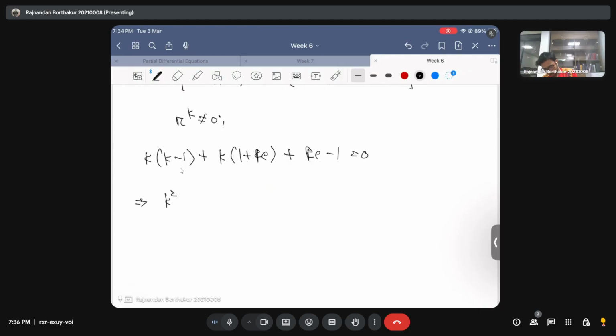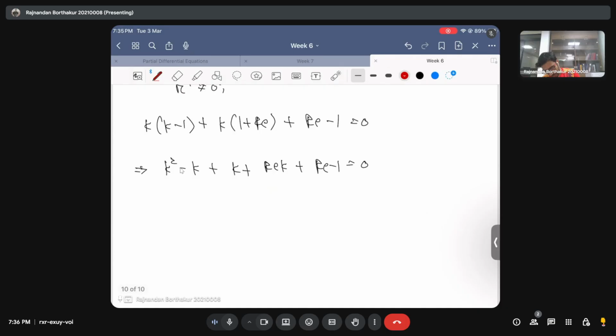Because this is k square minus k plus k plus Re k plus Re minus 1 equal to 0, which means this k and this k will just get cancelled. And I have an equation which governs k, which is quadratic, of course. And this is k square plus Re times k plus Re minus 1, and this is equal to 0.